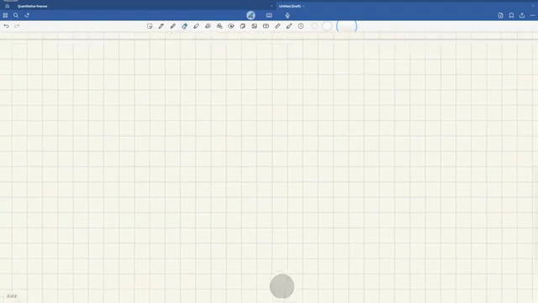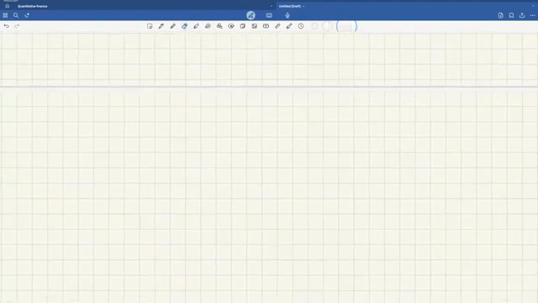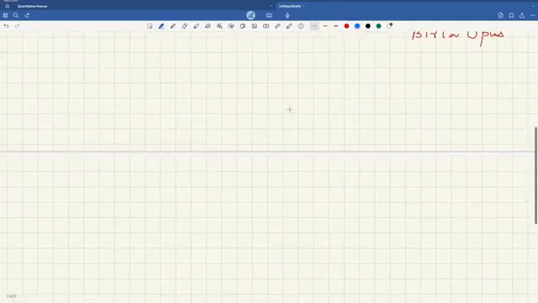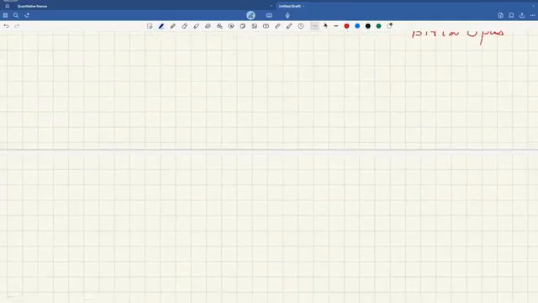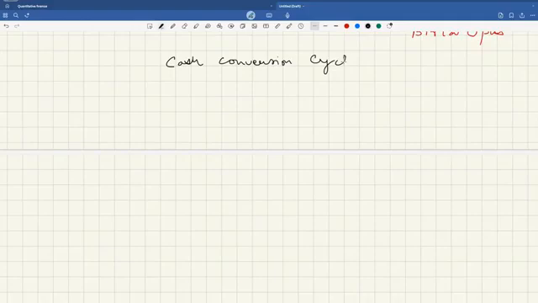All right. So, the other concept which I want to discuss is called the cash conversion cycle.